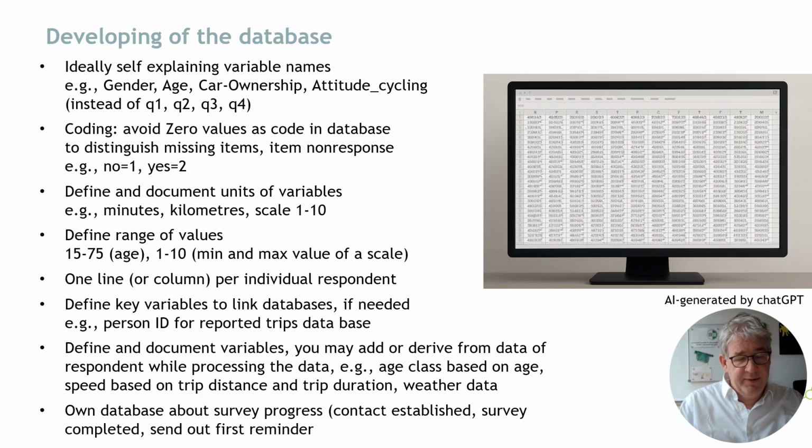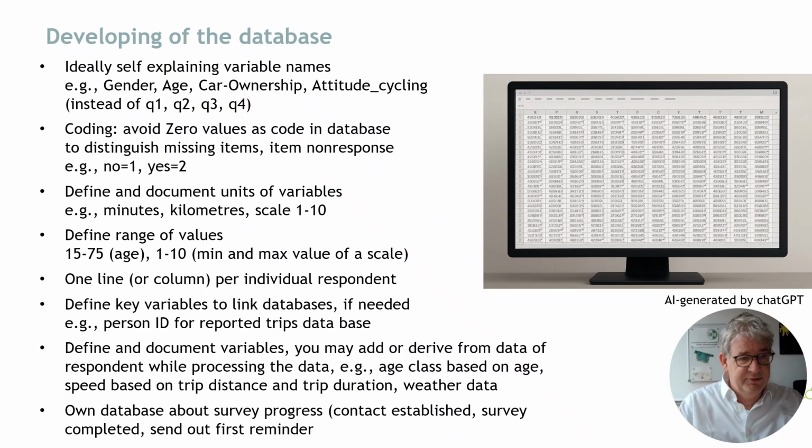So the first step you need to do is to develop the database, which you can already develop in parallel before you start to launch the survey. Ideally, you create names for variables that are self-explaining. Meanwhile, we have no storage problem to shorten or abbreviate the variables.